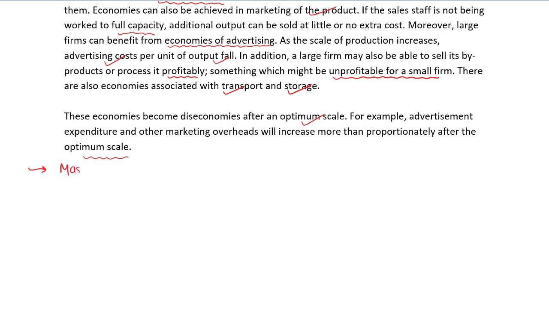Just write along with me. Mass production creates the need for bulk purchases. Purchases of what?